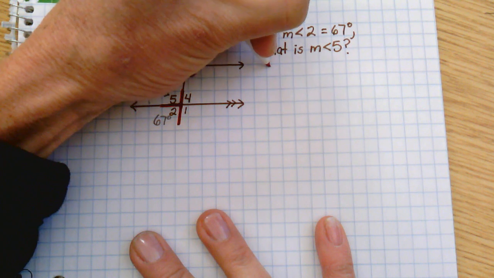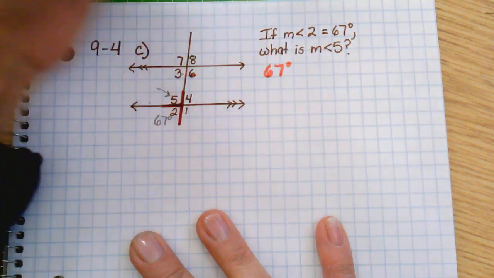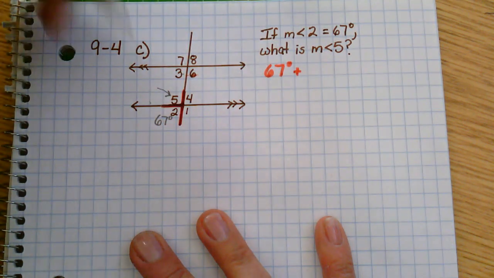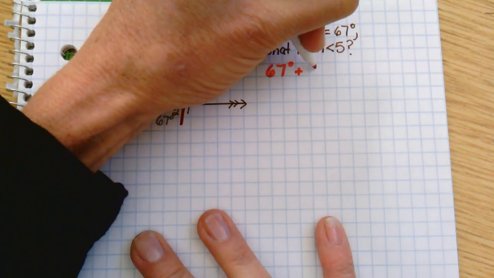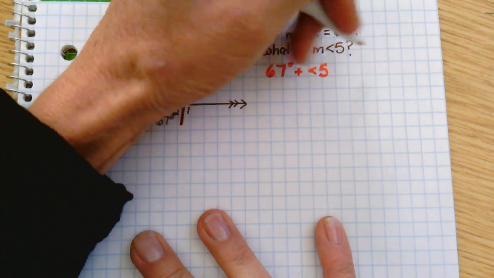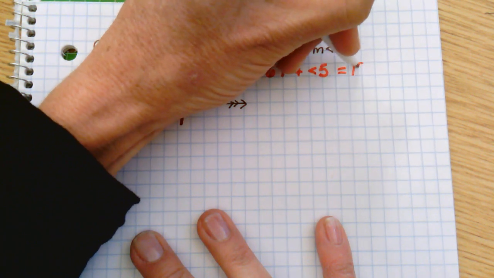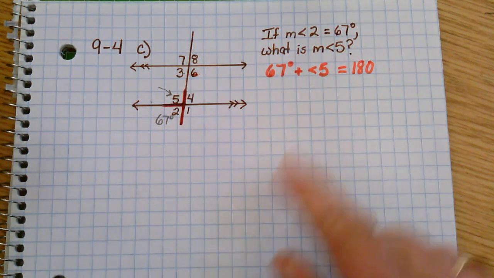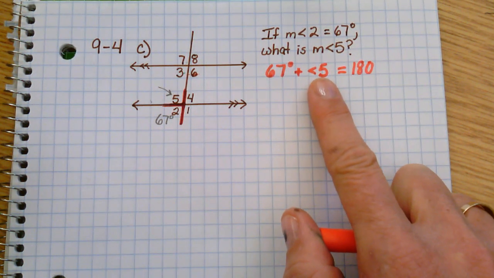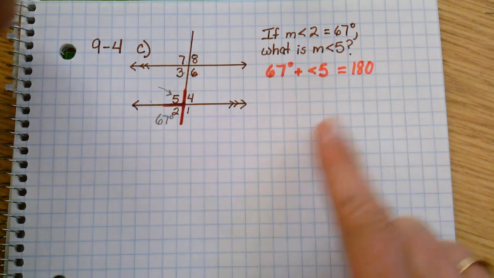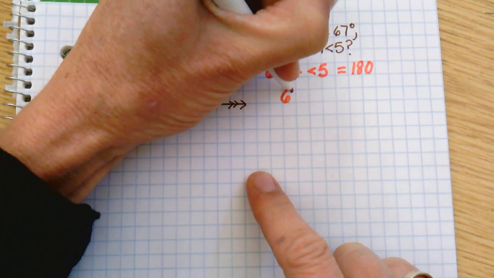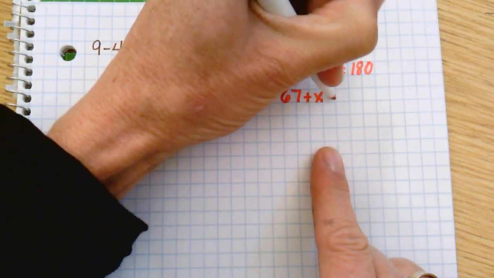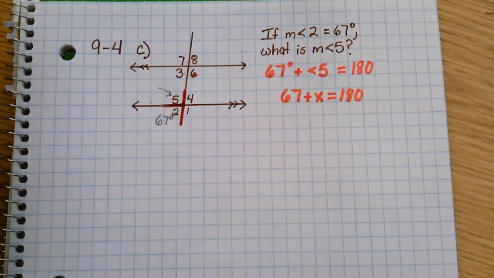And we learned earlier that supplementary angles have a sum of 180 degrees. So, in other words, I have my 67 degree angle plus angle 5, and those will equal 180 degrees. To get this number out of here, I'm just going to replace the angle 5 symbol with x. And it gives me this equation, 67 plus x equals 180 degrees.